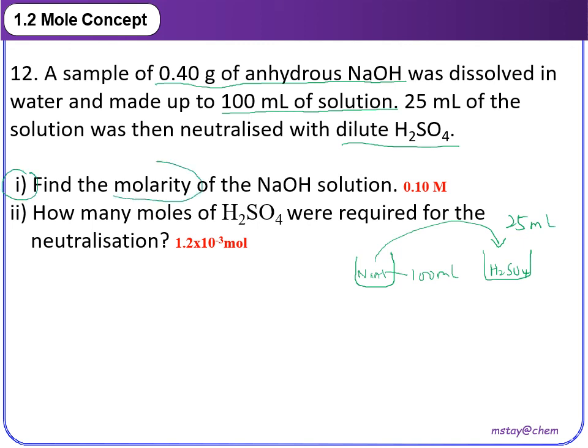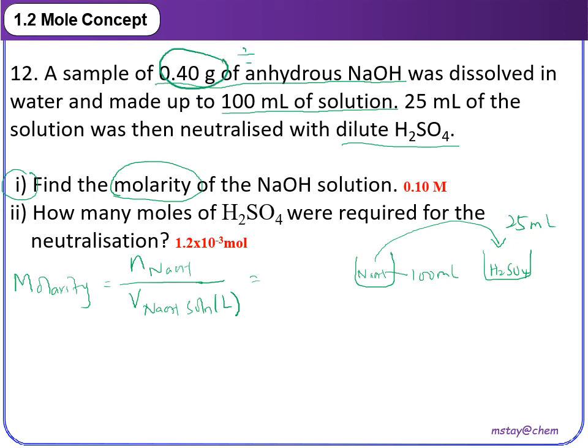Okay, so now we try to solve part 1 first. Find the molarity of the solution. So the formula for molarity is mole NaOH over volume NaOH solution in liter. In this question we have mass. So if we divide the mass of NaOH by the molar mass, we are able to find the number of mole of NaOH.